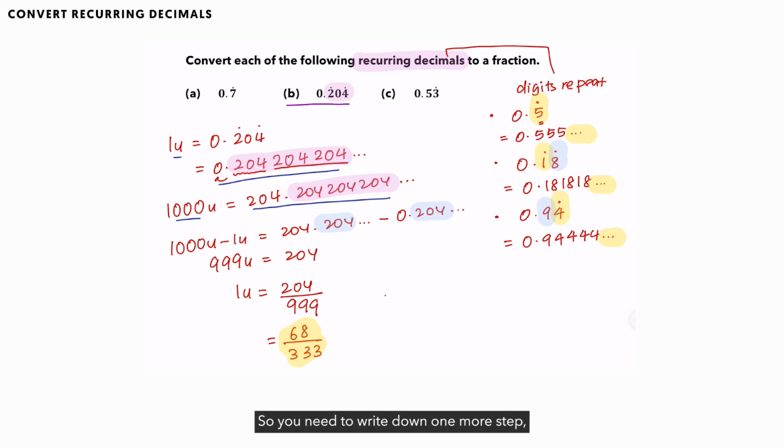So you need to write down one more step, which is to say that 0.204, the recurring decimal, is the same as 68 upon 333. Okay, and if you don't believe me at this moment, everybody take out your calculator and key in this fraction. It should give you 0.204, 204, 204, and so on and so forth.